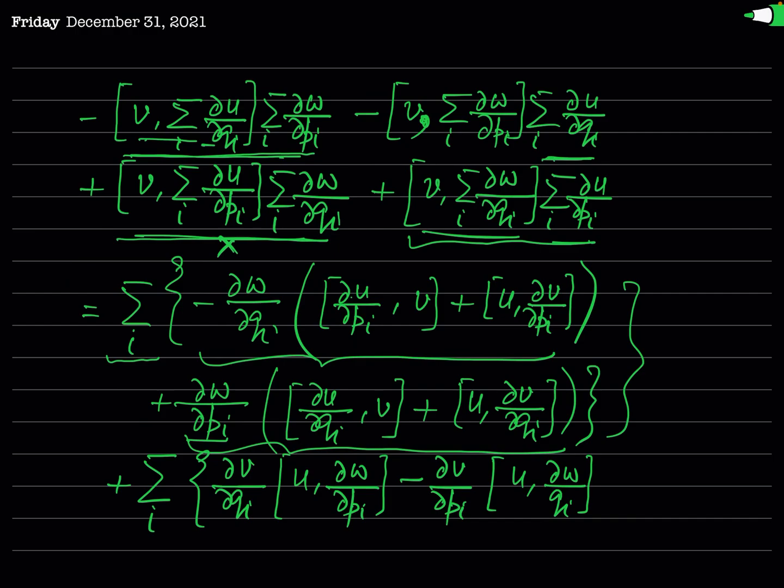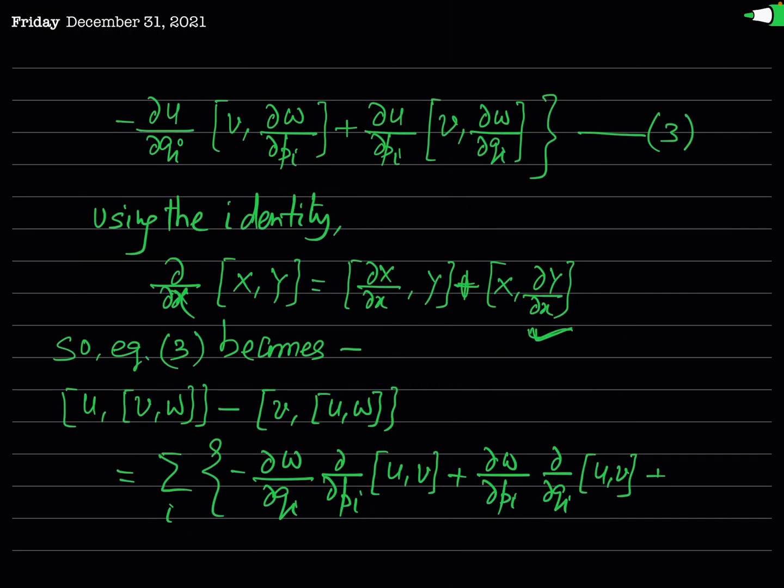You can use that property and you will find that the remaining term will simplify to 0. So I am just writing directly that the remaining term will be 0. So this is 0.